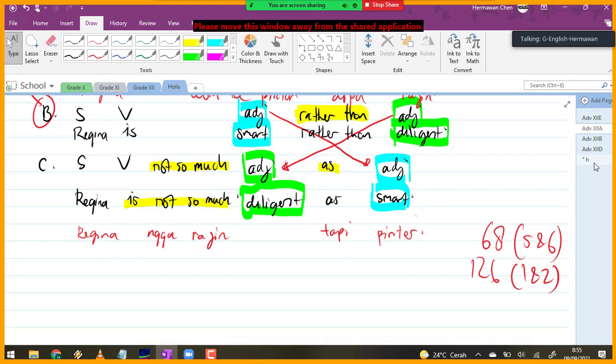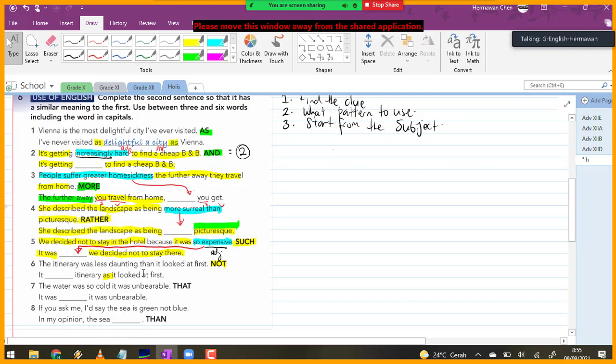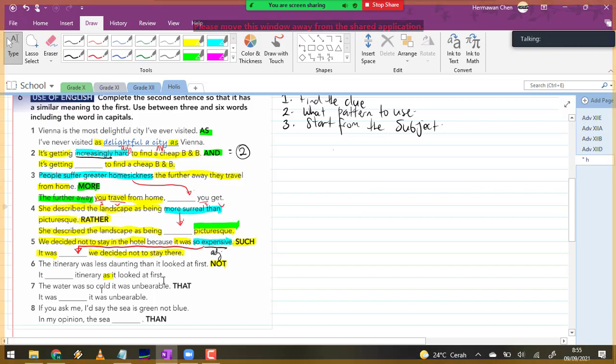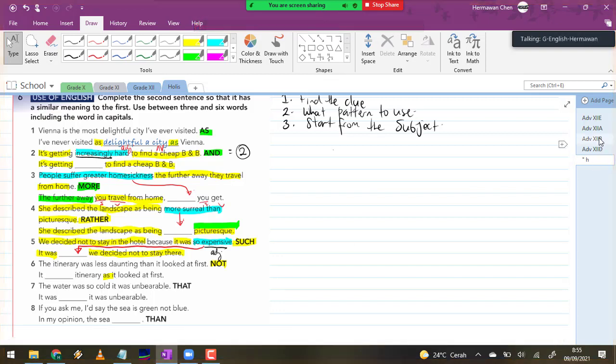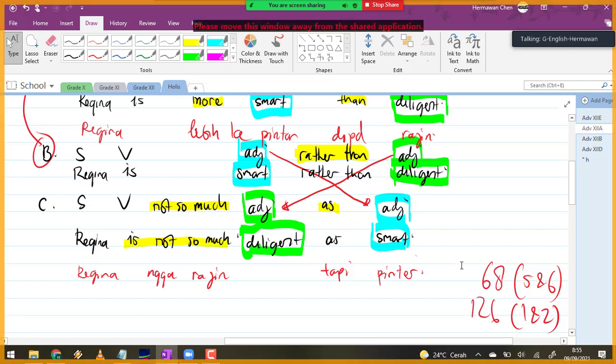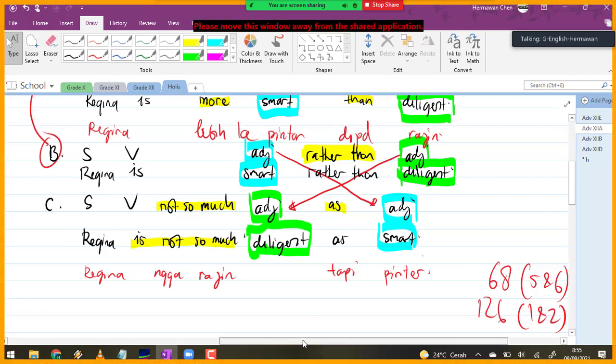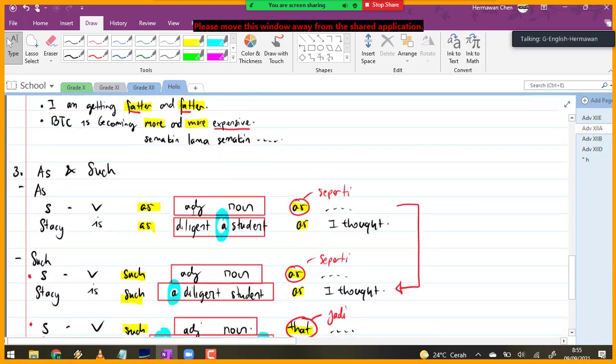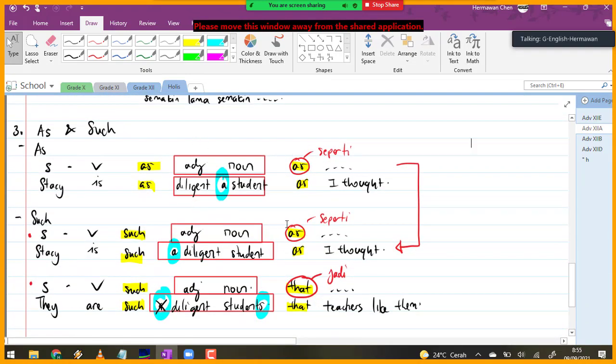However, if you look at the question, as it looked at first, after the word as, it looked at first, it's a sentence, it's not an adjective. But here, pattern number 4, as is followed by an adjective. It means we cannot use pattern number 4. But if you look at pattern number 3, as and such, after the word as, subject verb, a sentence. It means there are two possibilities, either using as or using such.